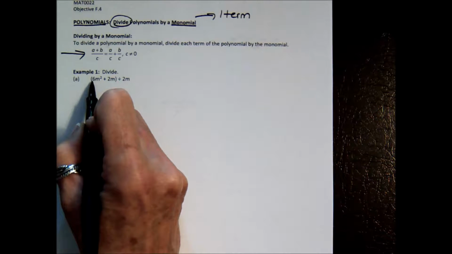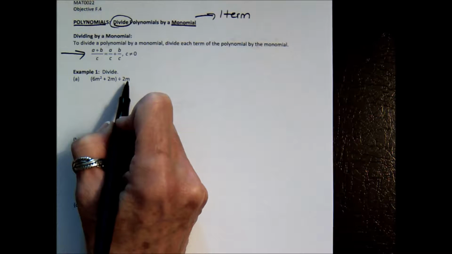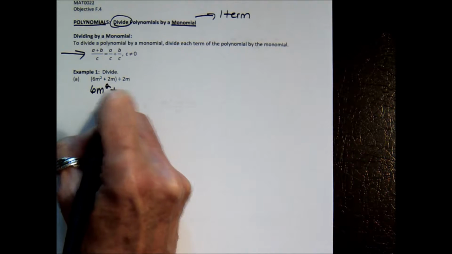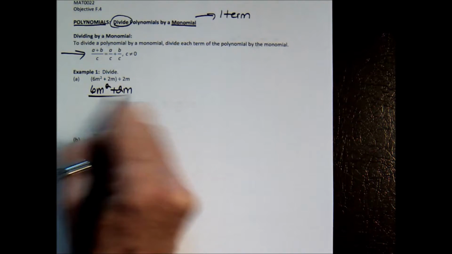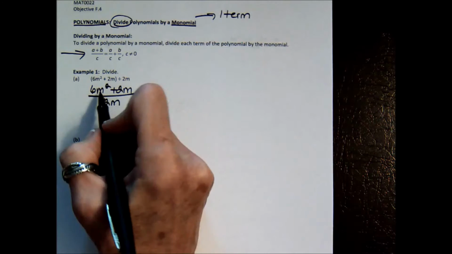So here I have a polynomial, 6m squared plus 2m, being divided by 2m. The first step is to rewrite that as division in fraction form. So we want to see our polynomial looking like a fraction. The second step is to take the terms of the numerator and split them.